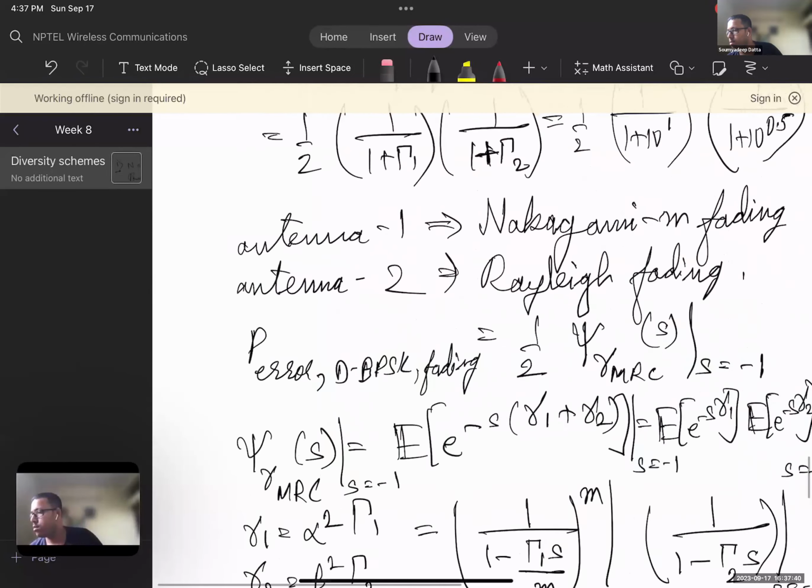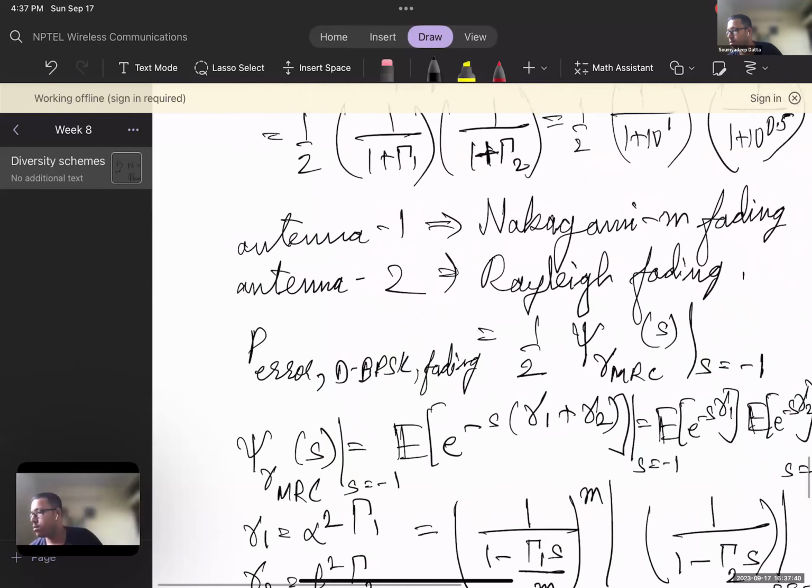Or it doesn't matter, the fading doesn't matter. Let's say instead of MRC, you are now doing equal gain combining, or EGC. Now you are asked what will be the average SNR. So you are asked gamma EGC.